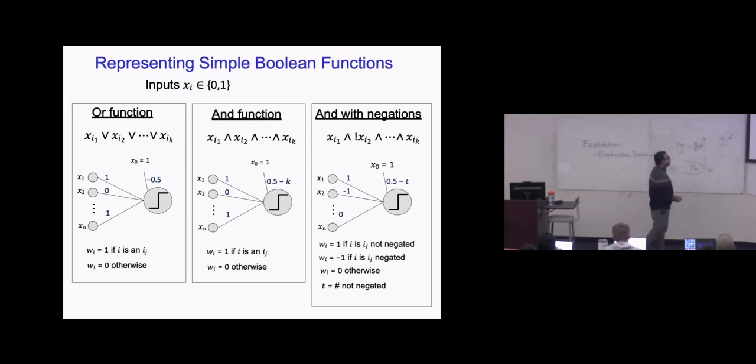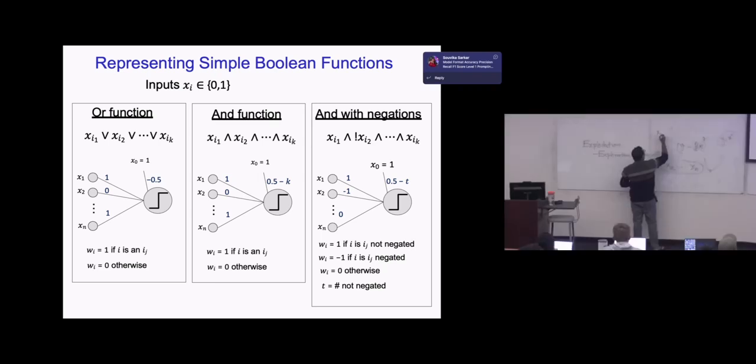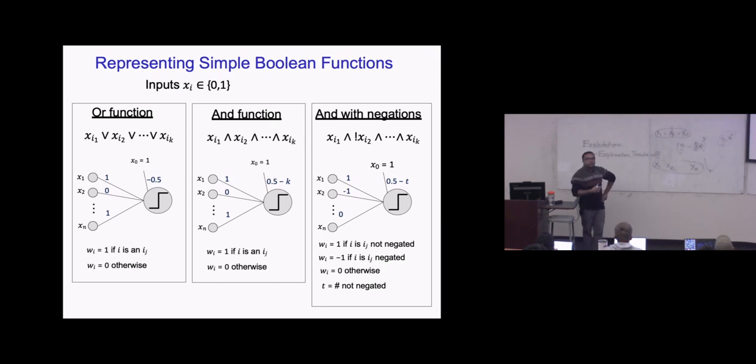What you need to do is, first of all, you must have an expression, right? Let's say x1 or x3 or x5. Let's say this is the function that you are trying to learn, or trying to approximate with a neural network.